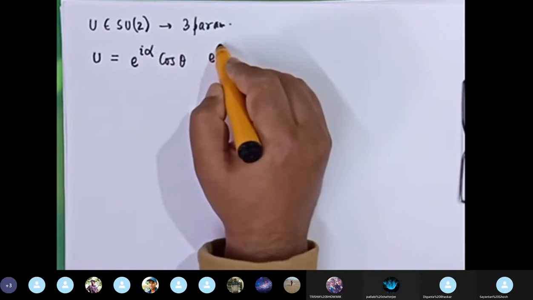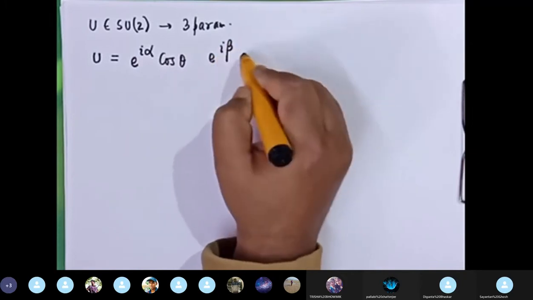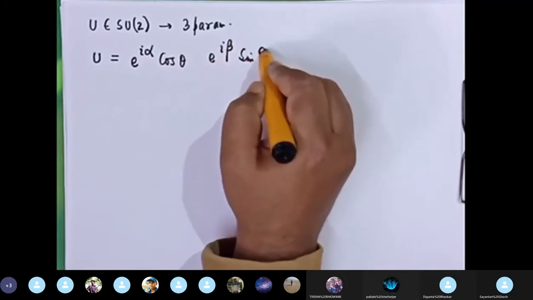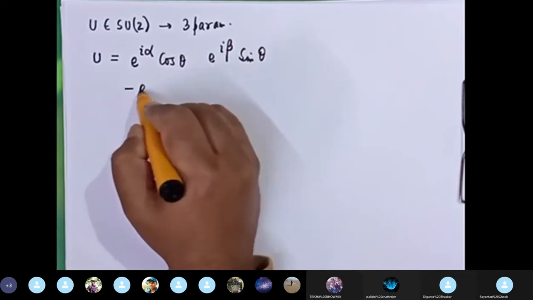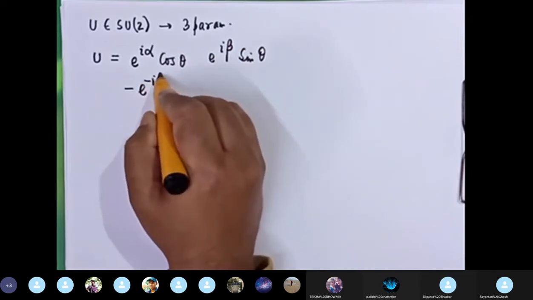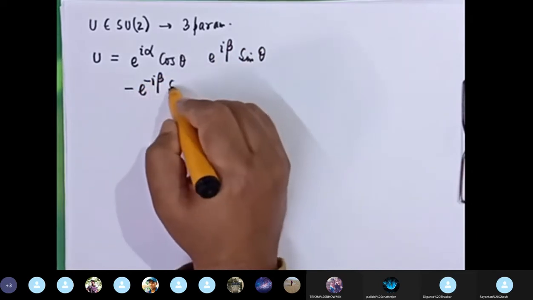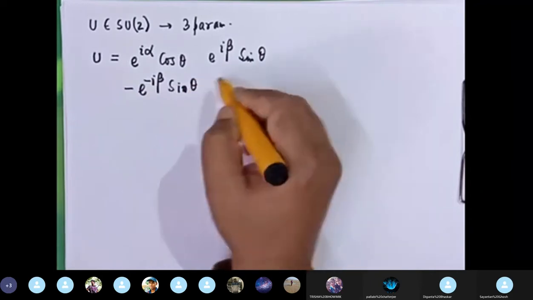It is the result of the earlier class, where we derived this parameterization.